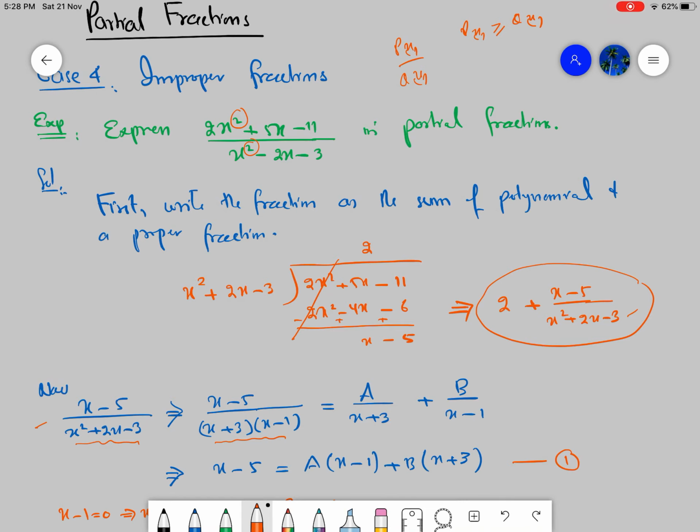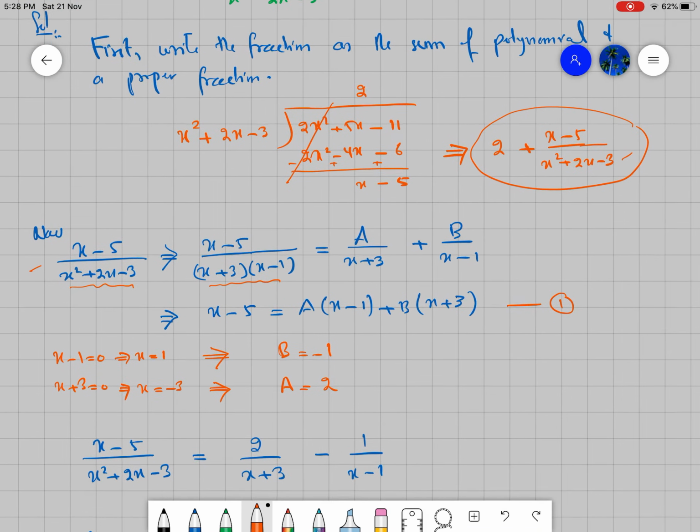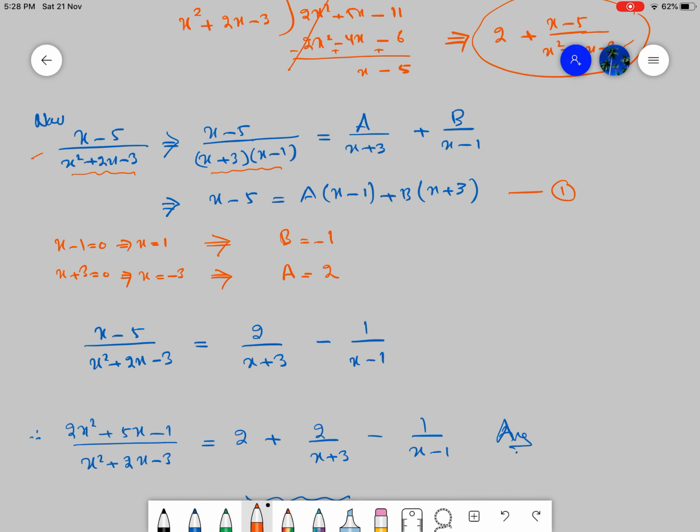The fraction is such that in the denominator there are two distinct linear factors, and therefore we apply the procedure we learned in case 1, what to do if the denominator contains two distinct linear factors. So the partial fraction is A over the first factor plus B over the second factor, and by multiplying each and every term by (x plus 3)(x minus 1), we end up with equation 1.